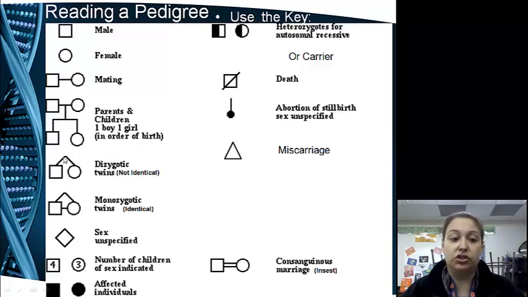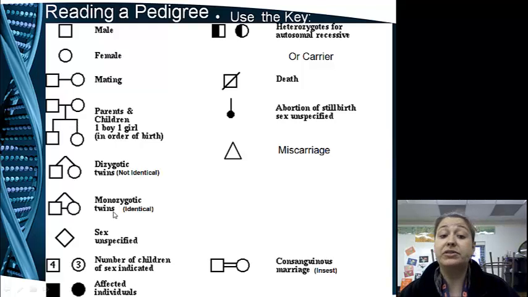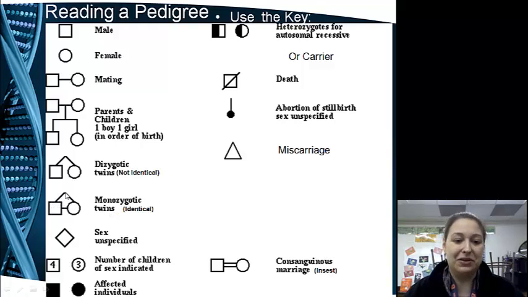Non-identical twins are shown at an angle instead of a square. Monozygotic twins, or identical twins, are going to make a full triangle. Unspecified sex would be a diamond shape. We don't know what it is.